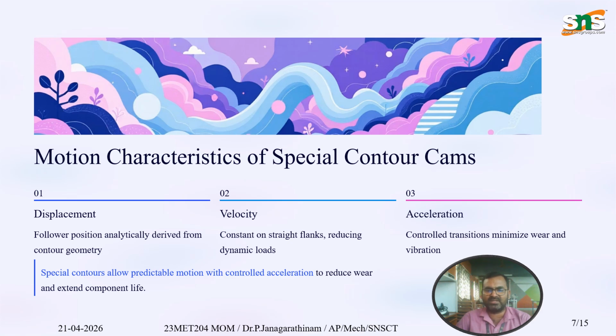Straight flanks reduce dynamic loads, and the acceleration is a controlled transition that minimizes wear and vibration. So special contours allow predictable motion with controlled accelerations, mainly used to reduce wear. If we reduce the wear, it automatically extends the component life.